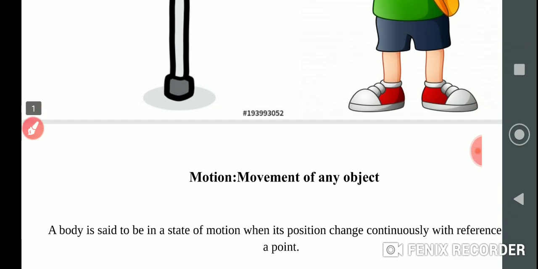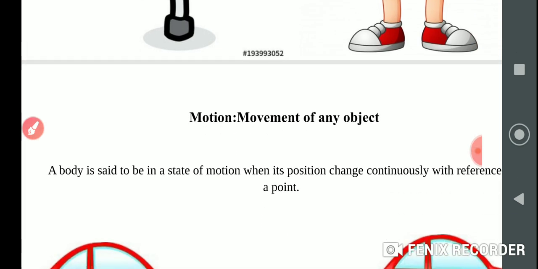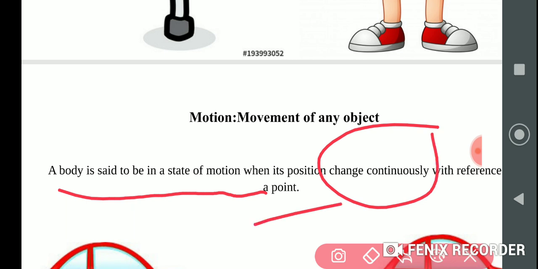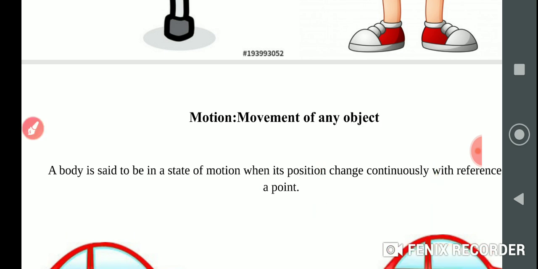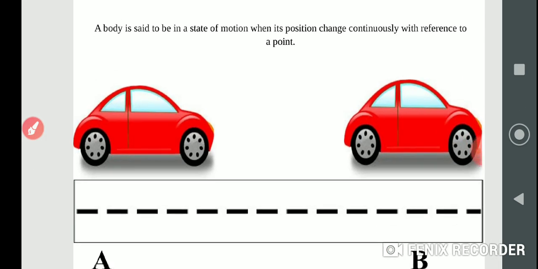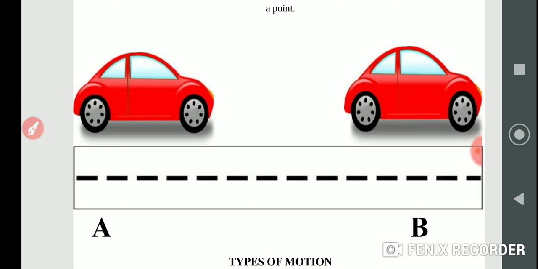Let's discuss motion. Motion means movement of any object. A body is said to be in the state of motion when its position changes continuously with respect to a reference point. Let us take another example. Let us suppose a car runs on a road. What do you think? Is the car in motion? Yes, because it is not in the same position.